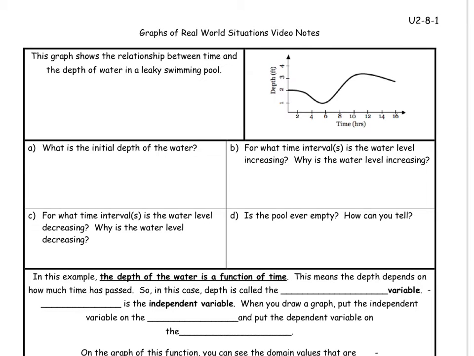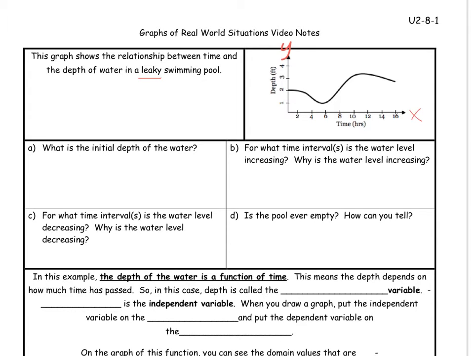So this graph shows the relationship between time and the depth of water in a leaky swimming pool. If we look at our x-axis right here, our x-axis is being measured in time in hours, and our y-axis is measuring the depth, which is in feet.